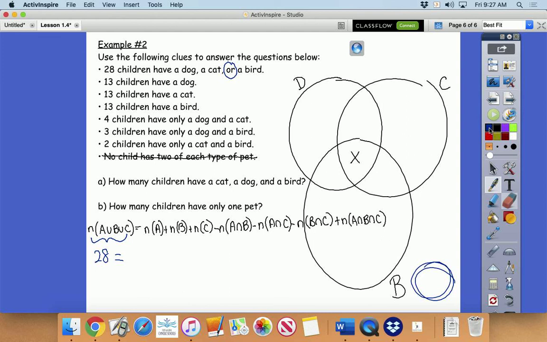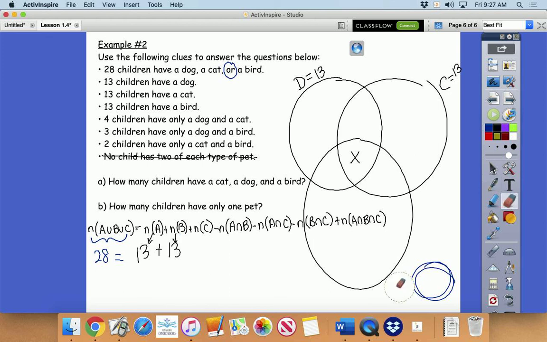Our next part is, they say that 13 children have a dog. That means that the entire circle should add up to 13 right here. So we can say that this would be set A. If we were to use letters, 13 represents how many have a dog, plus 13 have a cat. So this whole circle should add up to 13, so that represents, in this case, B if we want to.